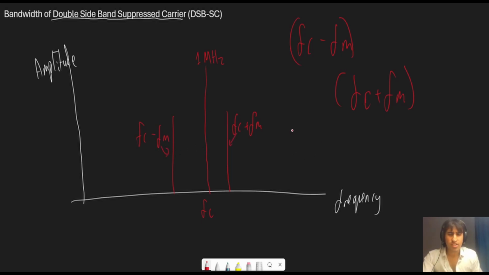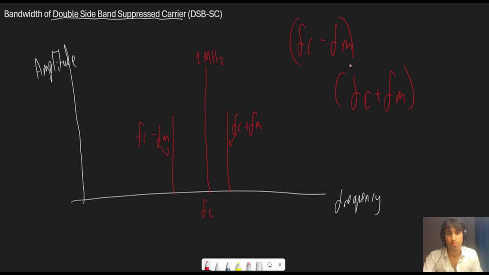As you can see, we've only got two terms, fc minus fm and fc plus fm. We don't actually have fc alone. That means the carrier does not exist in the double sideband suppressed carrier signal. This AM signal does not have a carrier signal inside because there's no fc term alone.